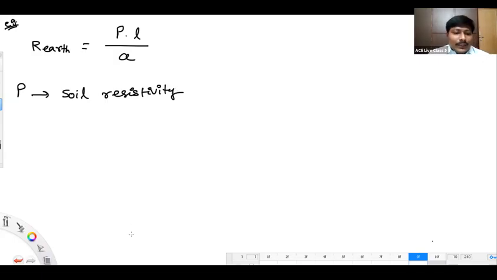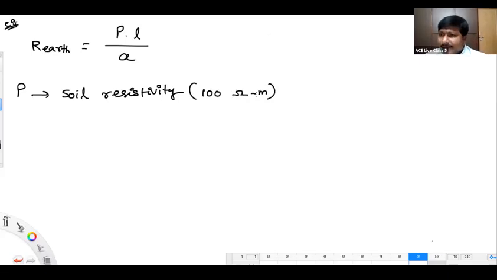How is this number generally? It will be in the order of 100 ohm meters. Some places might have very low, some places very high, but on average soil resistivity will be 100 ohm meters.